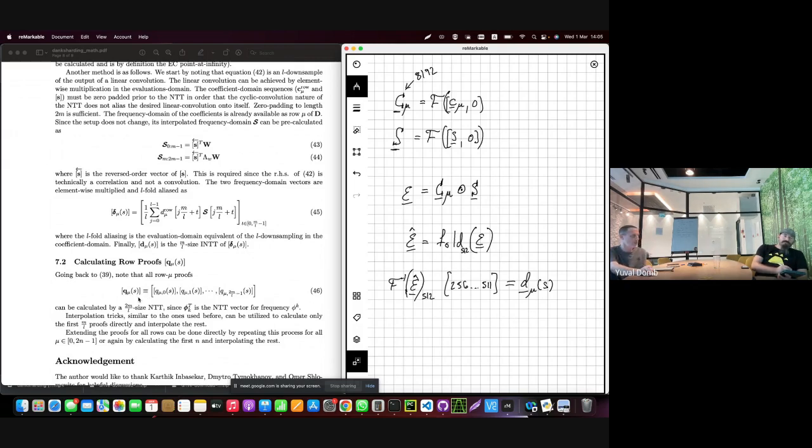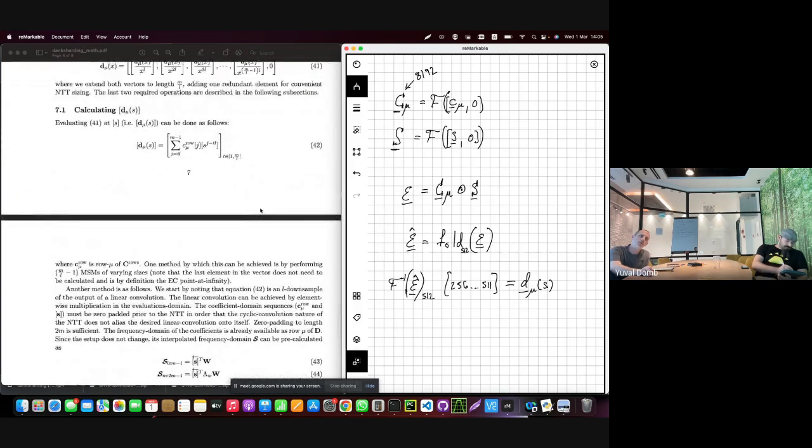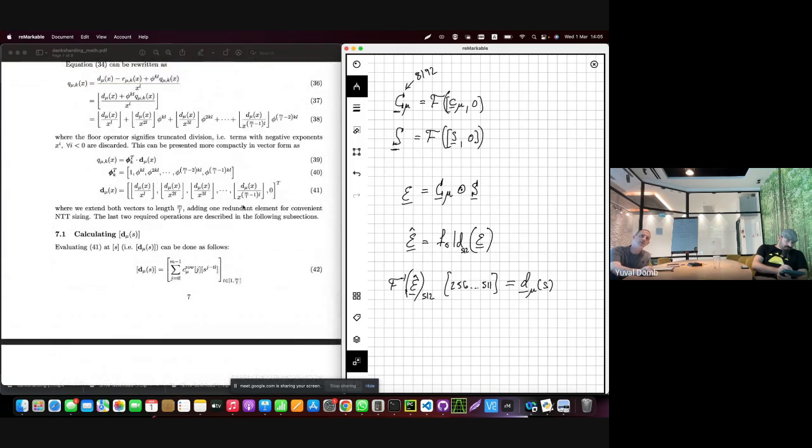Now we're getting to what we wanted to do. We don't want these D's, we want the Q's, the quotient of D divided by the vanishing polynomial. We said before that this was a product of two vectors. One of them is the D vector, which we now have at the secret point.